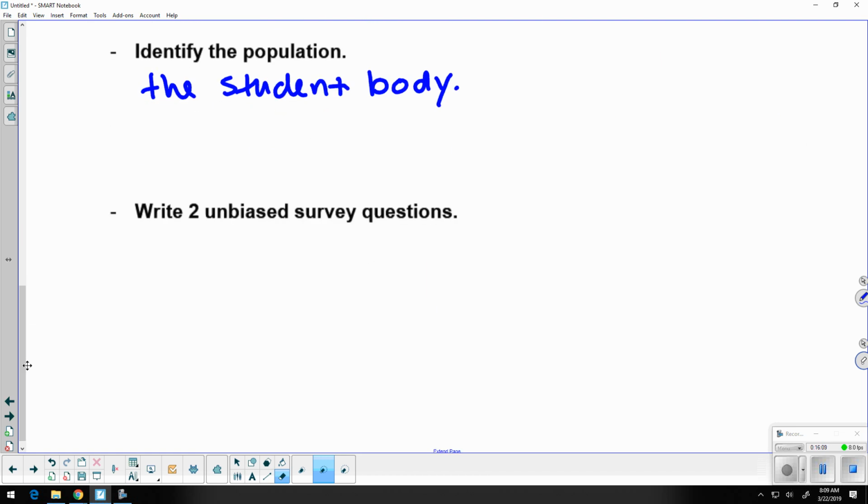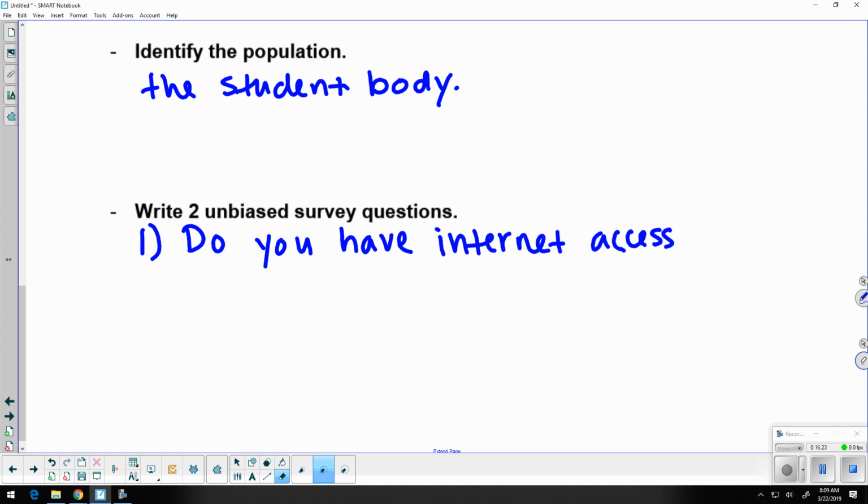So a couple that I wrote down, number 1, which would probably be a good question to ask, is first of all, do you have internet access at home? That's probably a good thing to ask, especially if they're going to be taking an online class at home. Probably need to know if they have internet access. And another question I developed: if it's offered, would you take an online course?